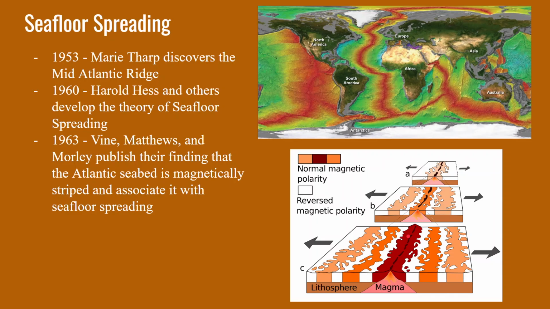So when certain minerals, say for example magnetite, are deposited, they align themselves according to the Earth's magnetic field. But what we found out since then is that the magnetic field on Earth occasionally flips, every several hundred thousand years. And this flipping is actually recorded in the sea floor.